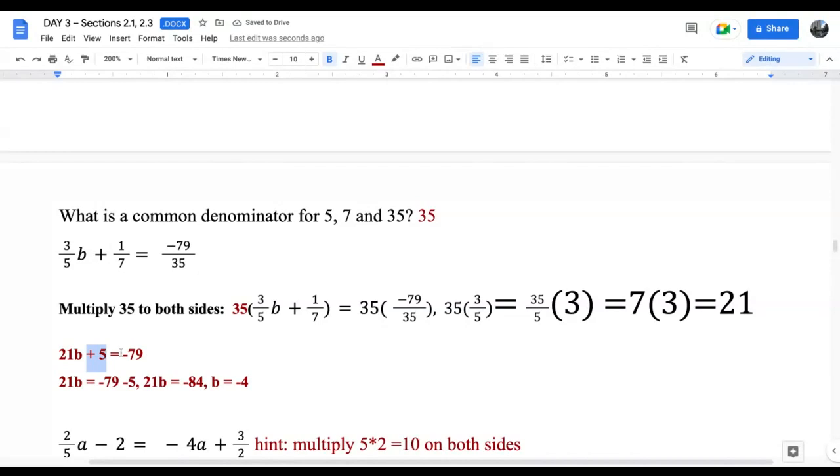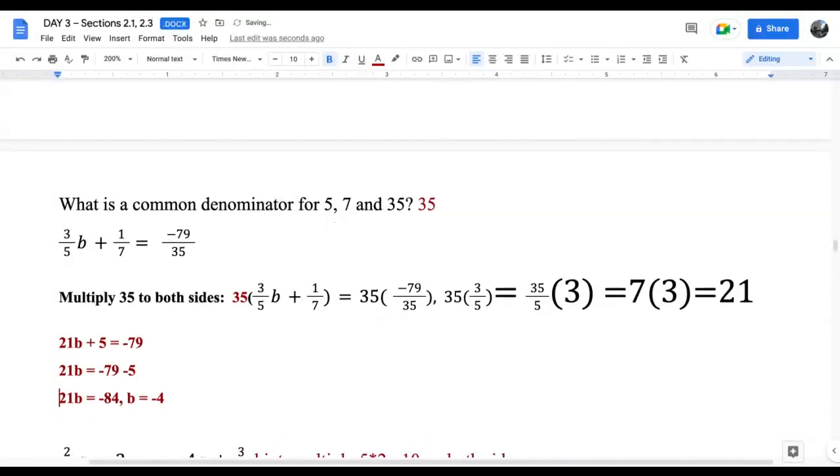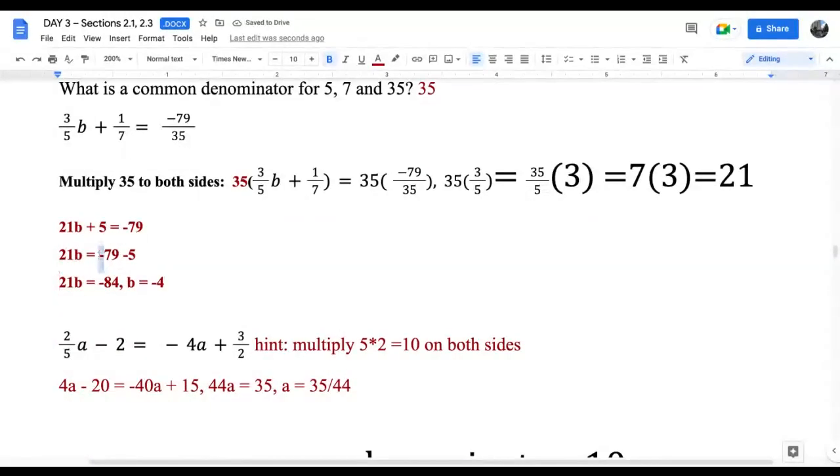So we move +5 to the other side, becomes negative. -79 minus 5, that's -79 plus -5, so that becomes -84. Then we divide by 21 on both sides, so b equals -4. Any questions?